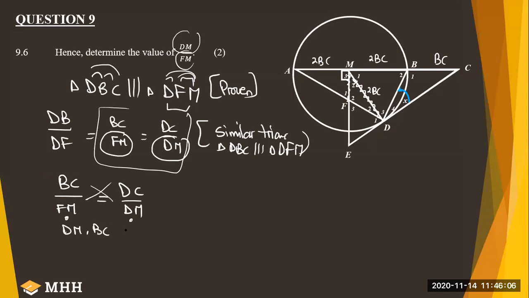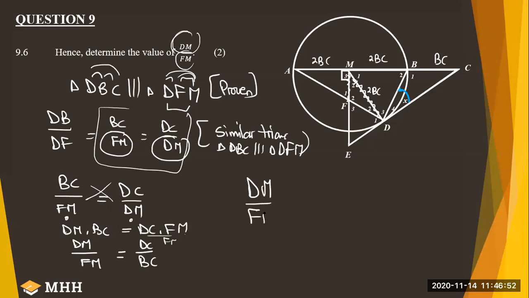I just want you to see how you would approach the questions. You look at where they are and how you can get there, and look at your similar triangles. You see you need that, but they're at the bottom, so let's cross multiply. I want the DM at the top and the FM at the bottom, so I'm going to divide this side by FM. Then I sit with DC left over there and BC left over there. So you just do that.